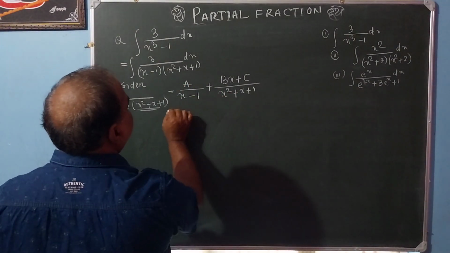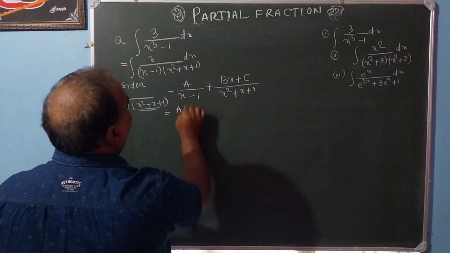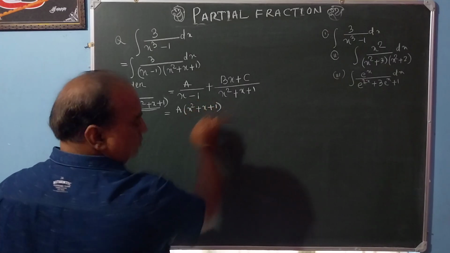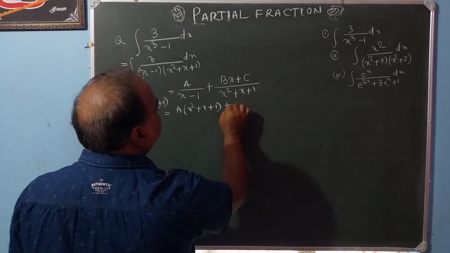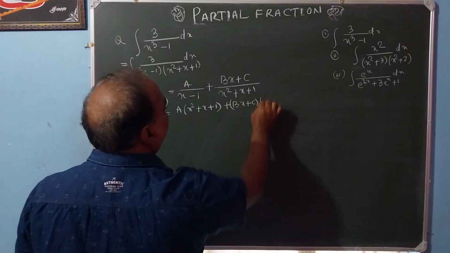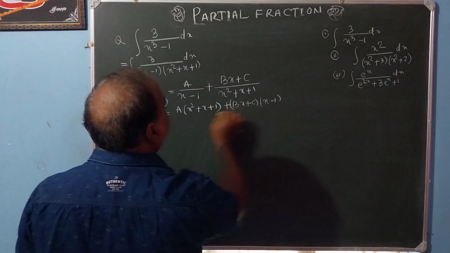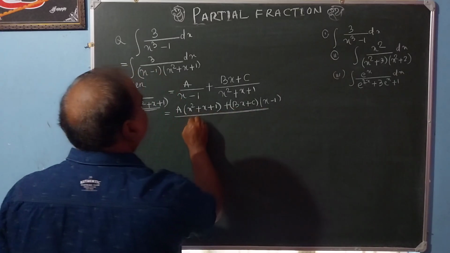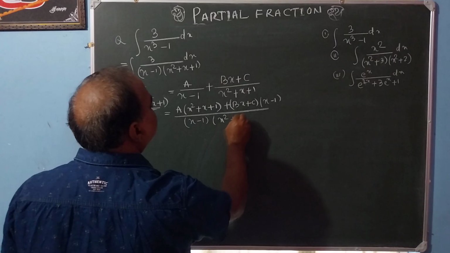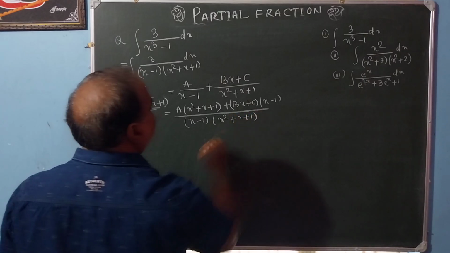Take the LCM: a whole into x square plus x plus 1 plus bx plus c whole into x minus 1, divided by x minus 1 whole into x square plus x plus 1.